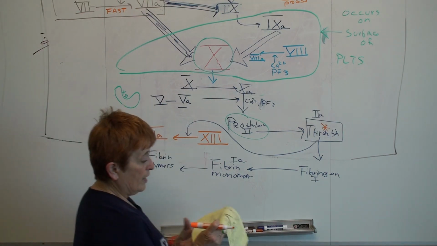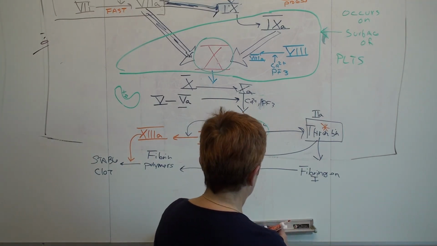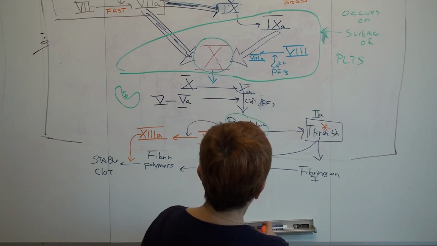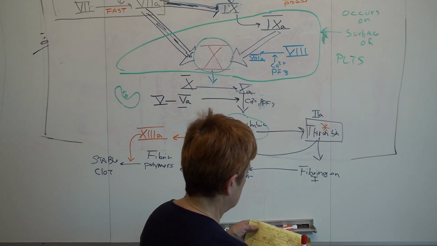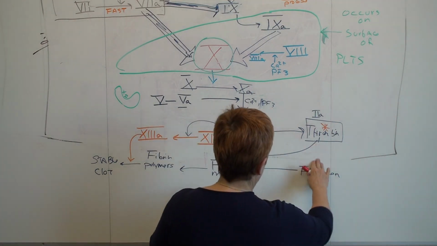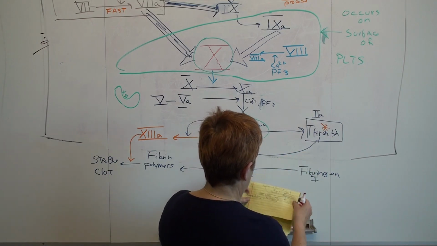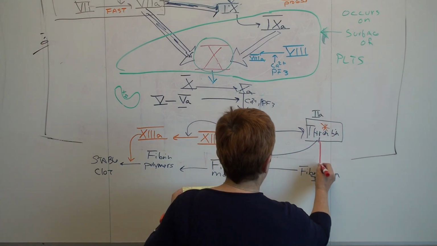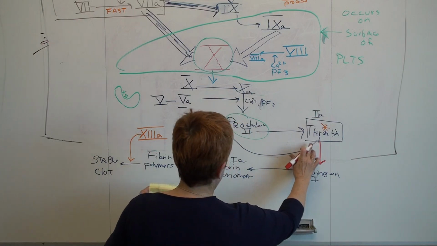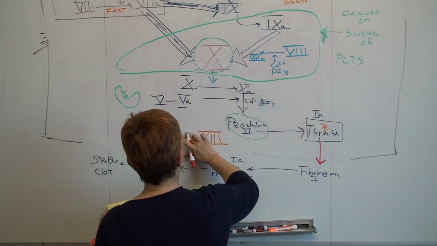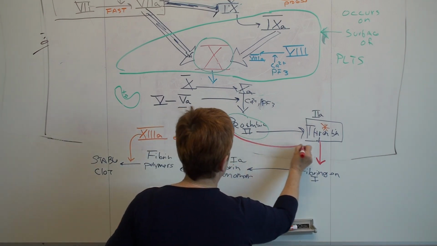Now, what I said with thrombin. Thrombin is really, really important. Gosh, maybe I should use red because thrombin is really, really important. All right, so I'm going to change thrombin's arrows to red. Okay, so thrombin goes to fibrinogen. Thrombin goes to your 13.